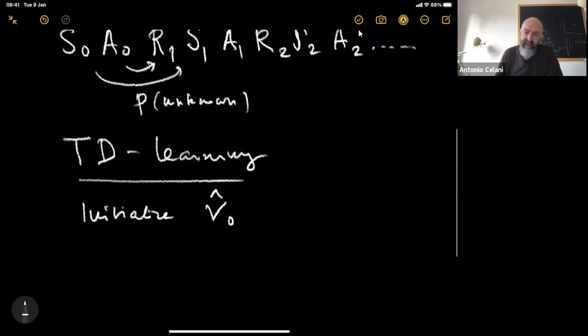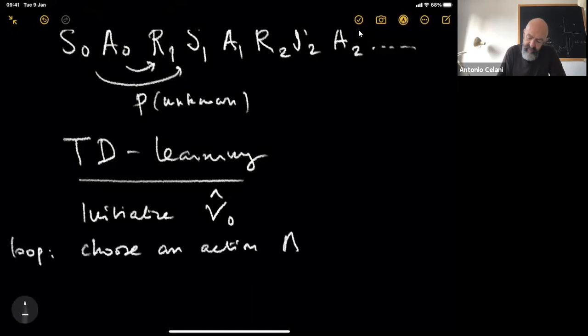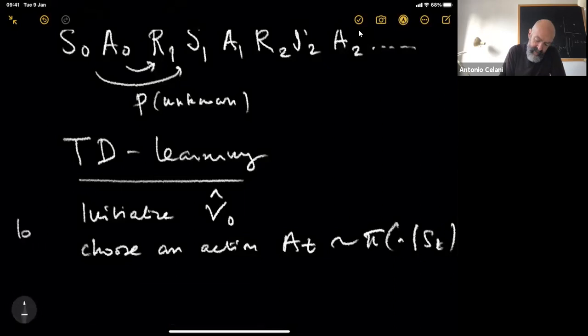Then at each time step, what you basically do interactively is choose an action. This is a loop.